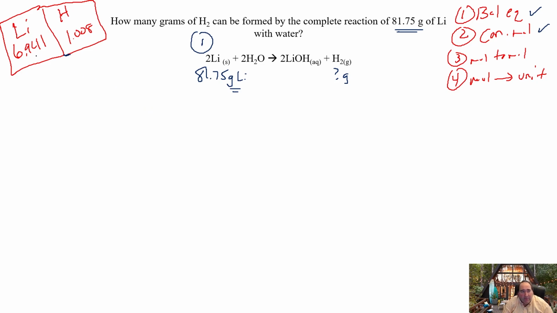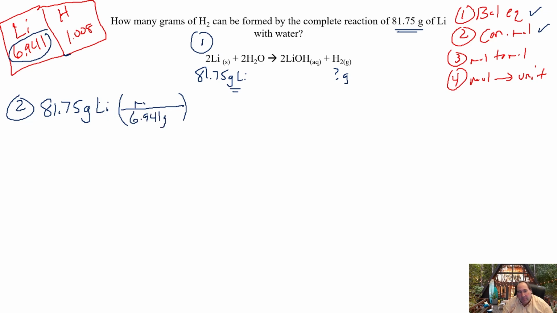That means we need the molar mass here from the periodic table of lithium. So step number 2 here is going to take our 81.75 grams of lithium. Using the molar mass from the periodic table, again, grams are going to go on the bottom there so that they cancel. 6.941 grams per mole of lithium. Grams will cancel.